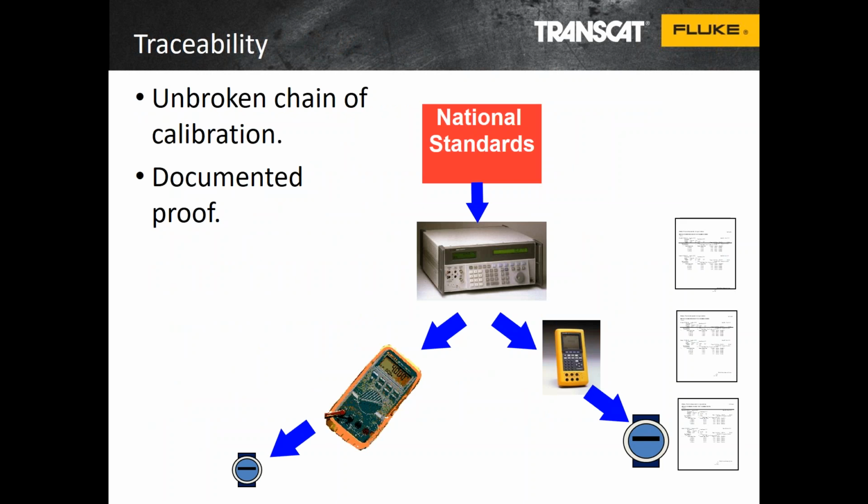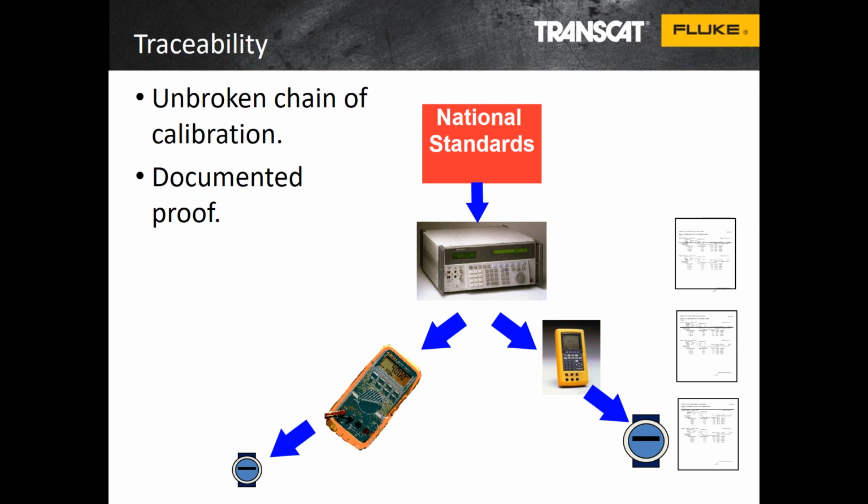So this term traceability that I used, a traceable calibration standard. Traceability, by definition, is the paper trail that goes from the device that's being tested out in the field to the calibrator to the national standards or the bench calibration tool. So there's an unbroken paper trail of the device that's being calibrated in the field, the paper trail of the calibrator that calibrated the device when it was calibrated, and then indeed even the calibrator that calibrates the calibrator, there's traceability on its calibration and its traceability.